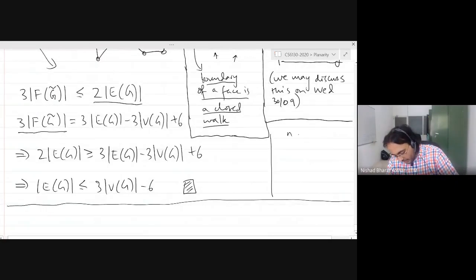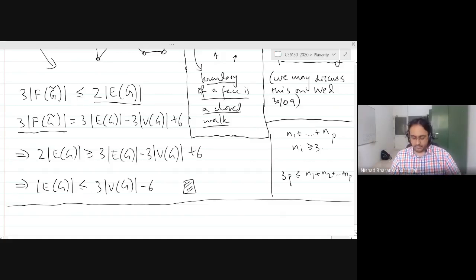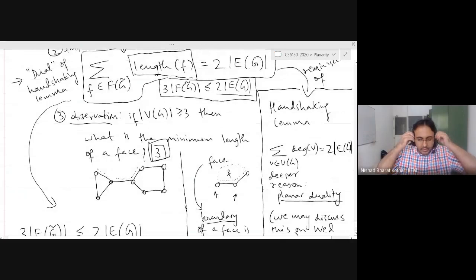Supposing you add a bunch of numbers n1 up to np, you know that each number ni is at least 3. Then this sum is lower bounded by 3 times p. Yes, that is exactly what we did. Okay. Any other questions?